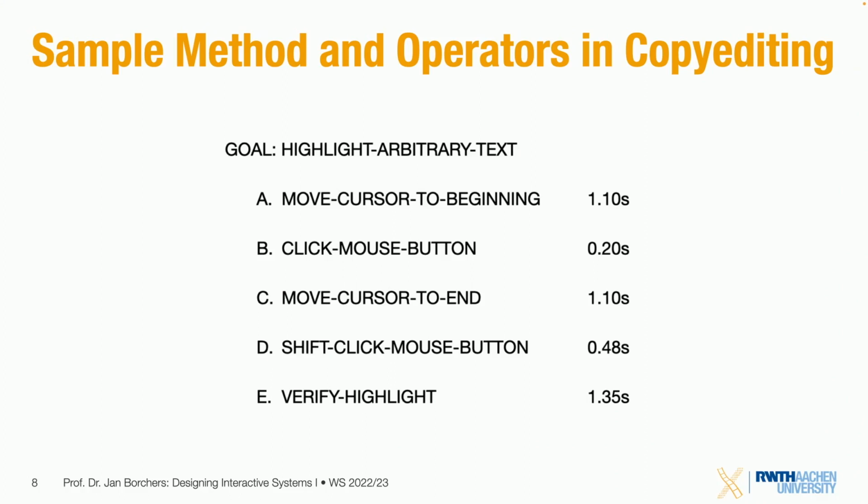This is taken from the author's original examples. So you can see text editors haven't changed that much in 40 years. So this still works. But that's not the only way of doing it. I could also have a different way of highlighting the text, by clicking and dragging the mouse to the end and letting go.